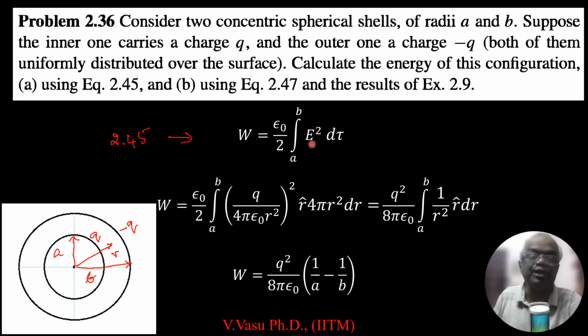Then the electric field E is equal to Q divided by 4 pi epsilon naught r squared, r hat, along the r direction.